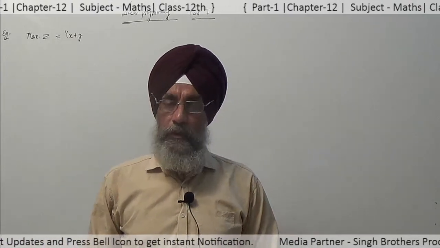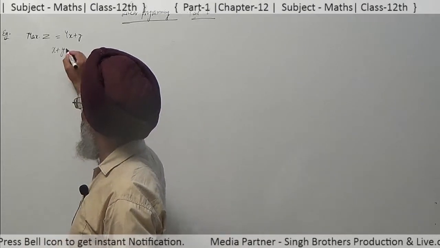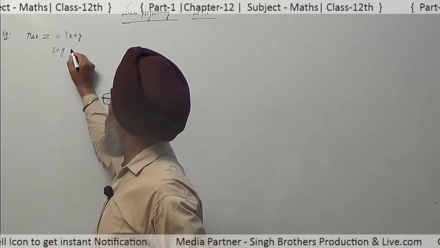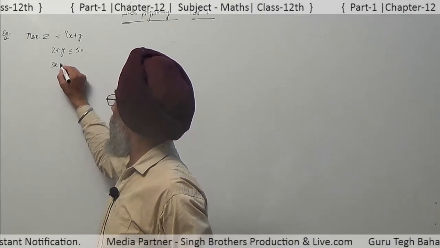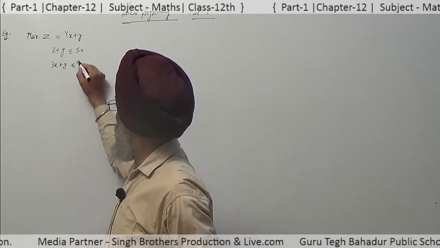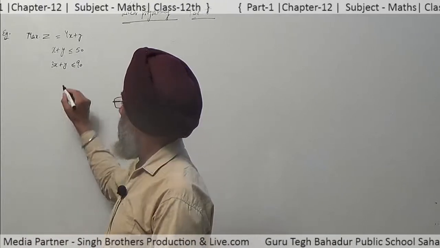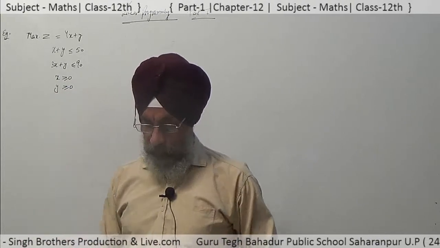The constraints are given to us: x plus y less than or equal to 50, 3x plus y less than or equal to 90, x greater than or equal to 0, y greater than or equal to 0.